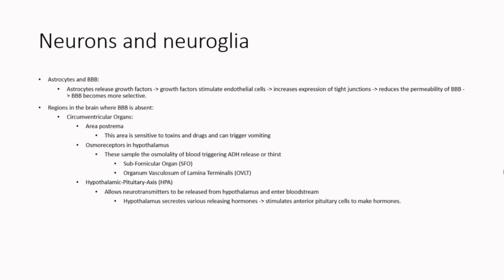Then we have osmoreceptors. We can find them in the hypothalamus, and they need to sample the osmolality of the blood and then trigger either vasopressin release or activate our thirst mechanism. Here, two locations: the subfornical organ and the organum vasculosum of the lamina terminalis.